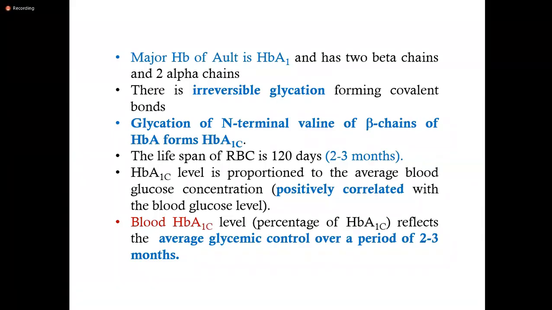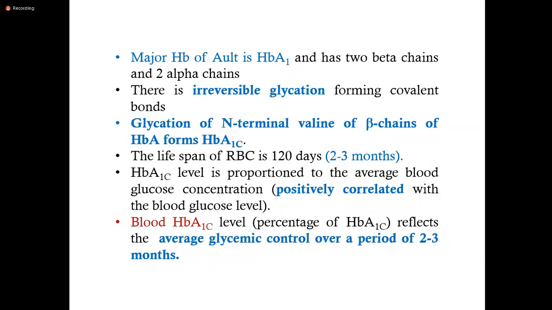What is meant by that? What does that mean? When the blood glucose level is increased, when it is rising, there is a rise of HbA1c also. What is negative correlation?